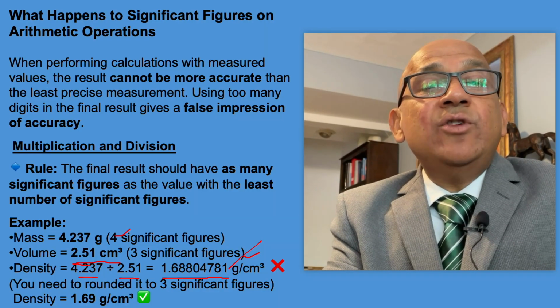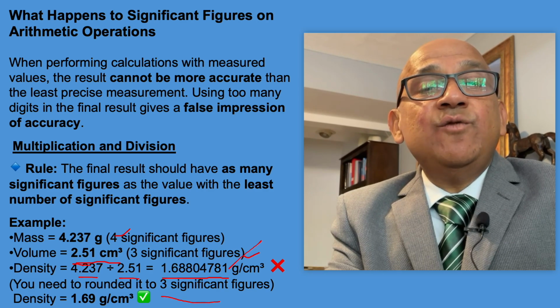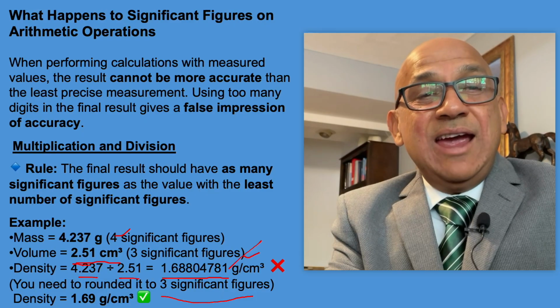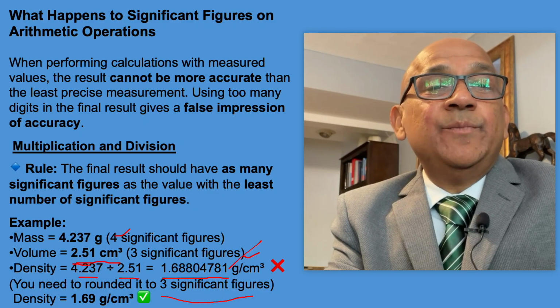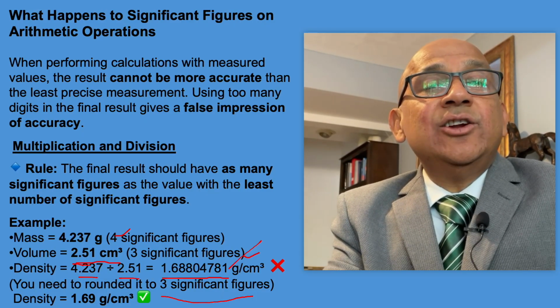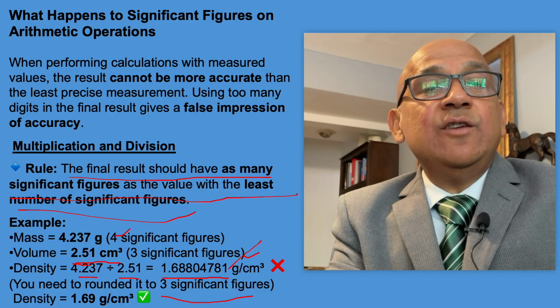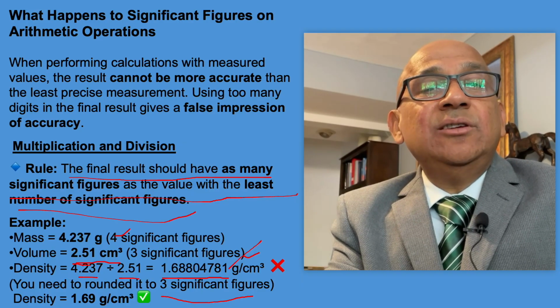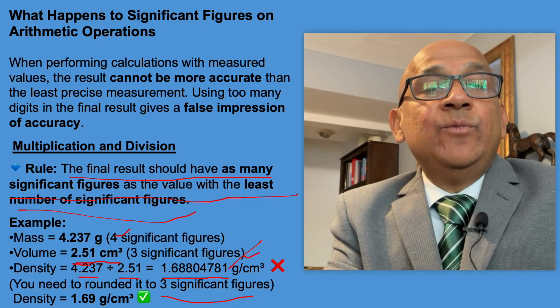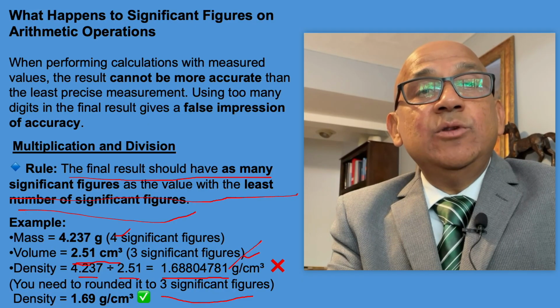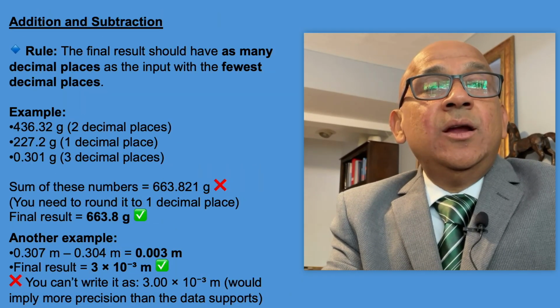So you need to round this number to just 3 significant figures, because the volume has 3 significant figures. The rule is the final result should have as many significant figures as the value with the least number of significant figures. So the volume has the least, 3, so the density will also have 3. You should write your answer as 1.69 gram per centimeter cube.